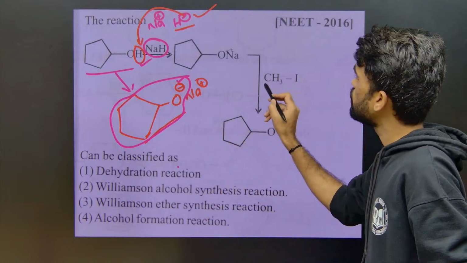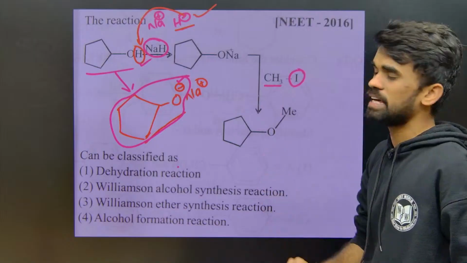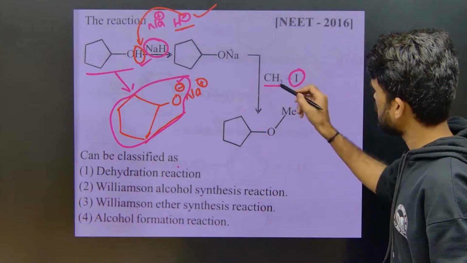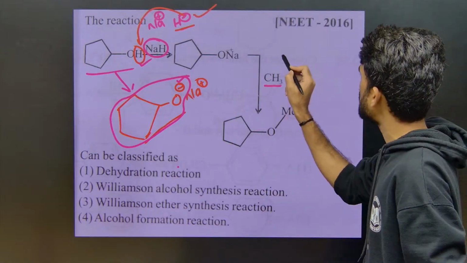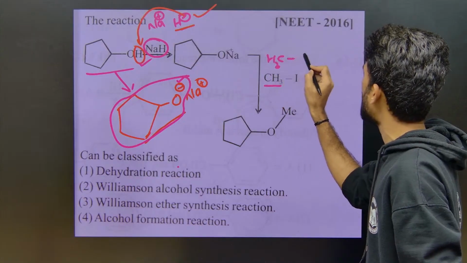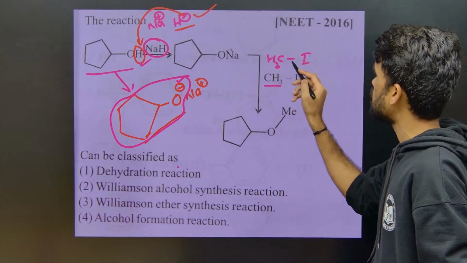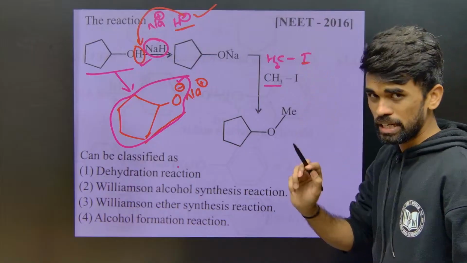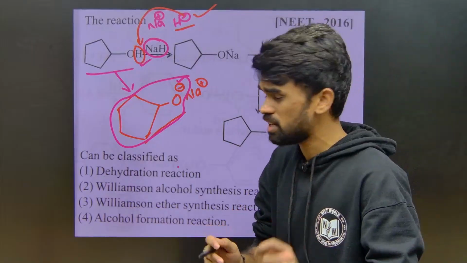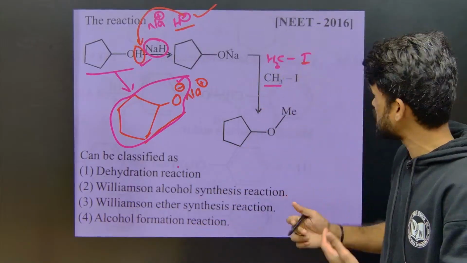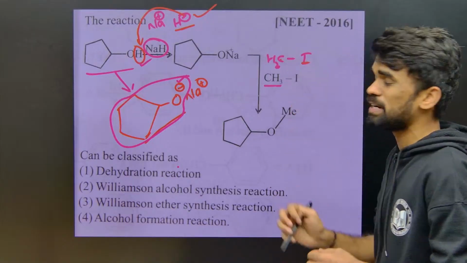Now here we have methyl iodide as a reagent. In this methyl iodide we know the carbon-iodine bond is weak. One reason is the electronegativity of the iodine atom, but the exact reason is the large size difference between carbon and iodine.